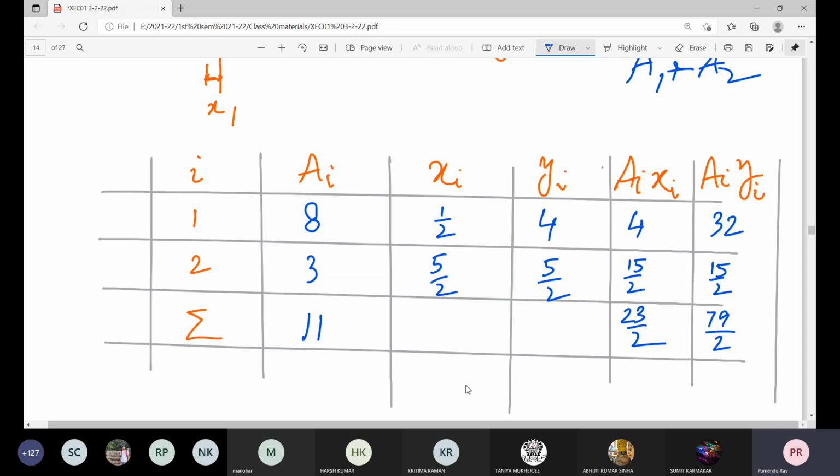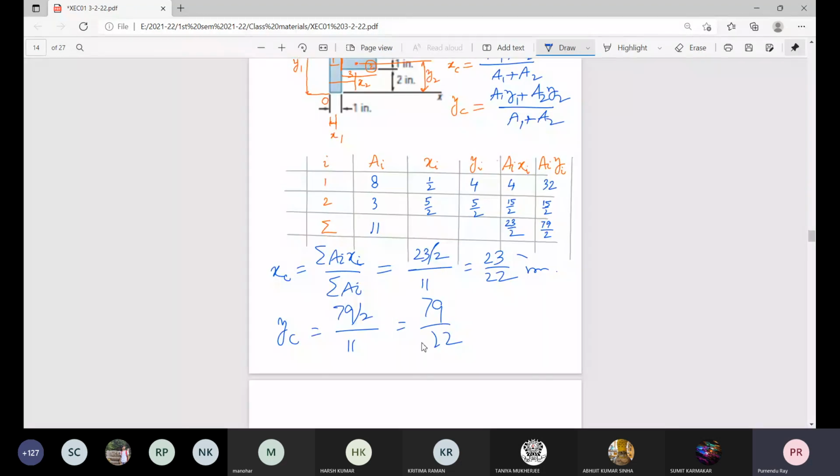And what about YC? YC is summation AI YI, that is 79 by 2 divided by 11. It is also 79 divided by 22 in inches.